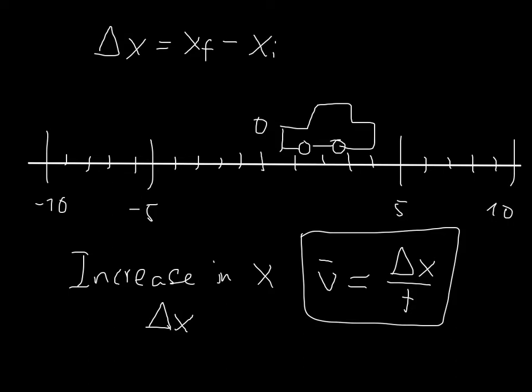And this makes sense, right? So if I'm over here at 5, that's my initial displacement, then I move to 8, so 8 minus 5, that's 3. If my initial displacement is 5 and my final displacement is 2, then I got 2 minus 5, that's minus 3. And that's it for the average velocity.